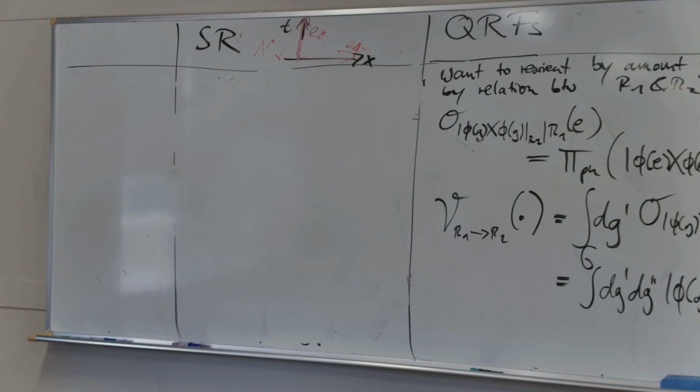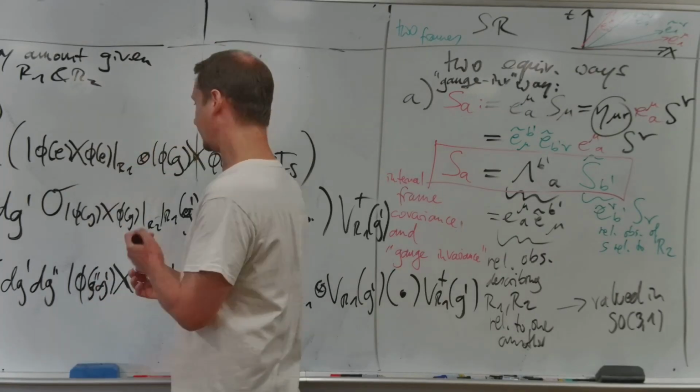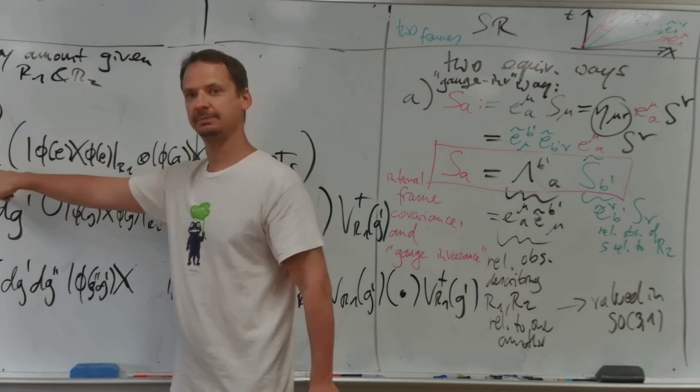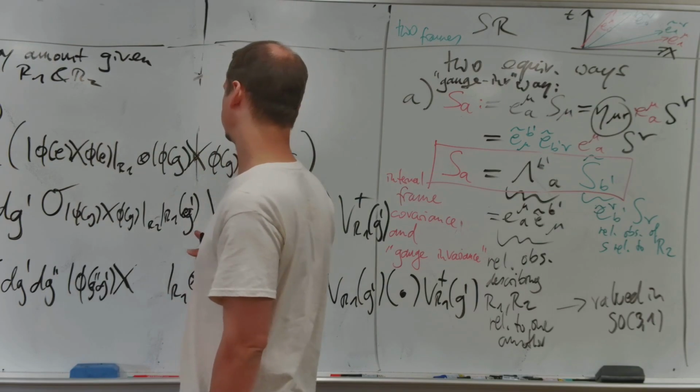Actually, sorry, I think I missed something here. Again, here I'm of course missing the G double prime. And that comes from inserting this back in here. Sorry about that.